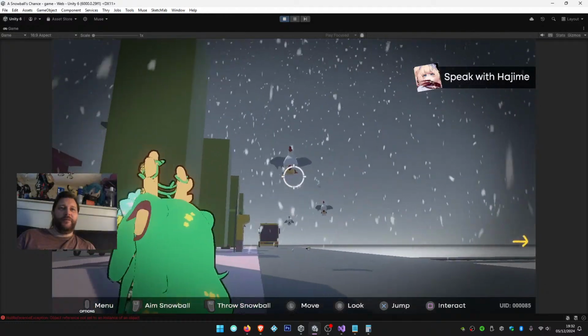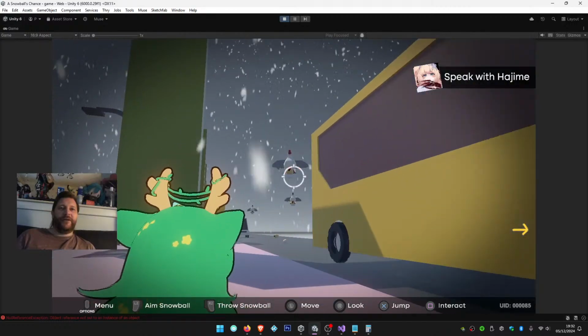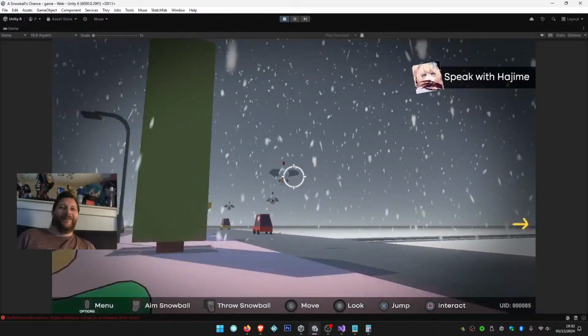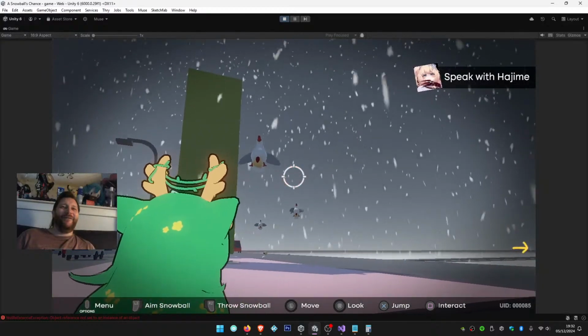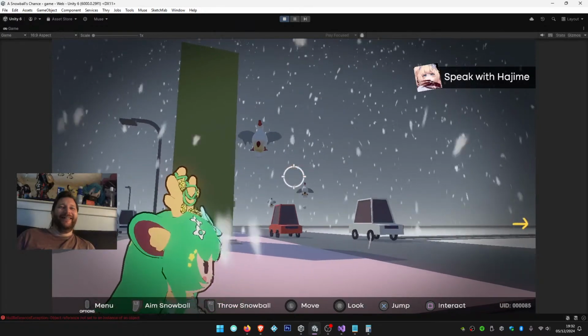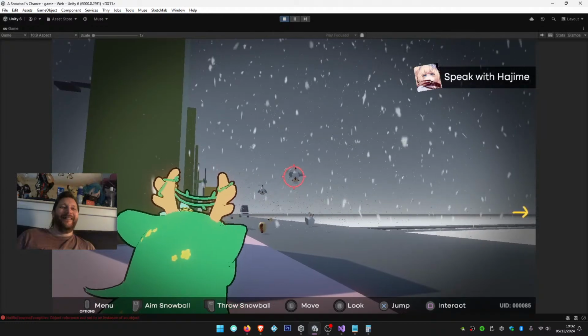Yeah, that's not the problem. Yeah, the problem is because they're moving, right? So where the target was and where the target is when the snowball... Okay.